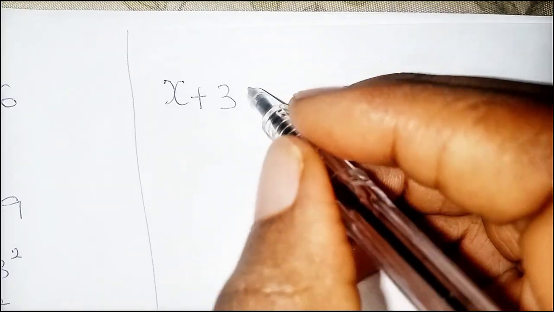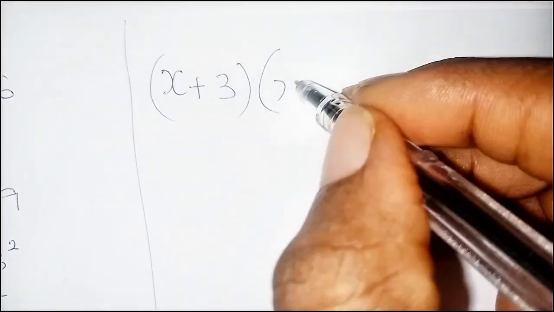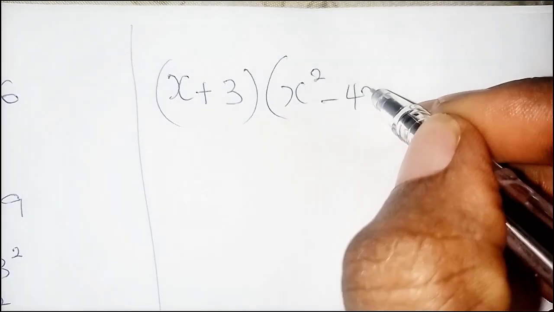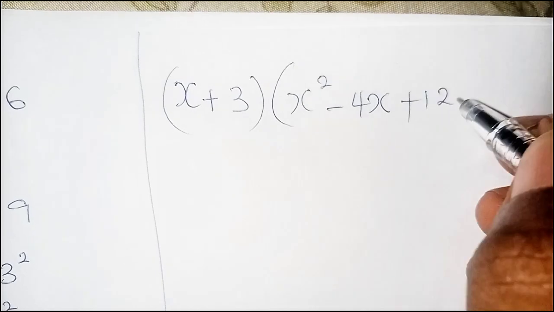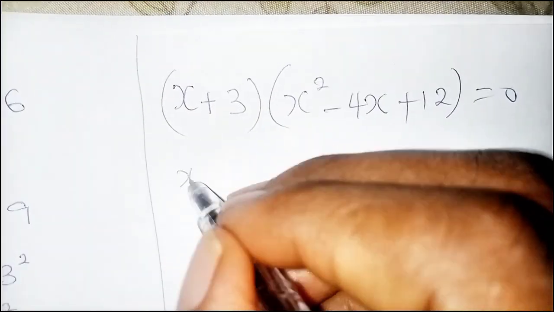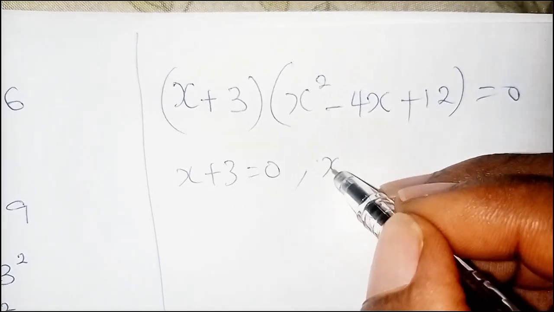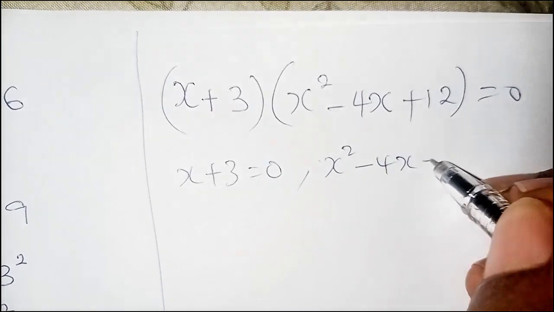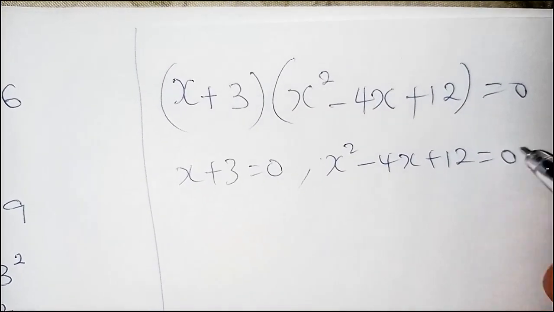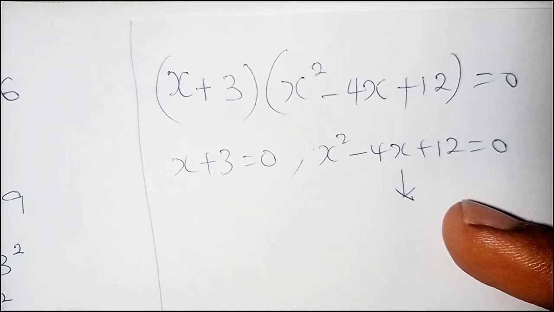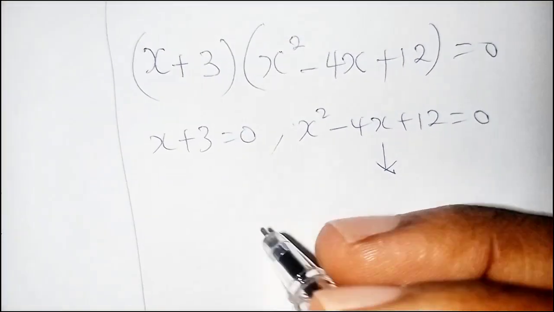x plus 3 is equal to 0, and x squared minus 4x plus 12 is equal to 0. We're going to use the almighty formula to solve this one.